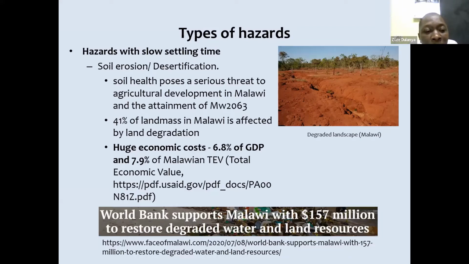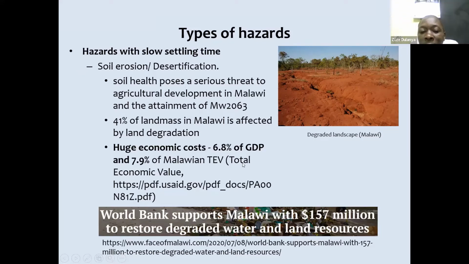So in Malawi, for example, we have an issue of soil erosion and land degradation, which has big implications for agriculture. You can see in this slide, for example, in the last 2 years, the World Bank was giving the country about 157 million just to try and restore degraded water bodies and land resources.